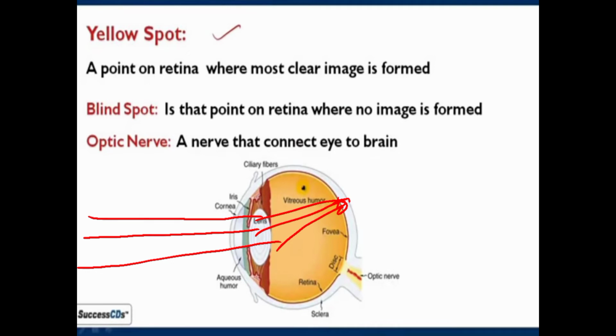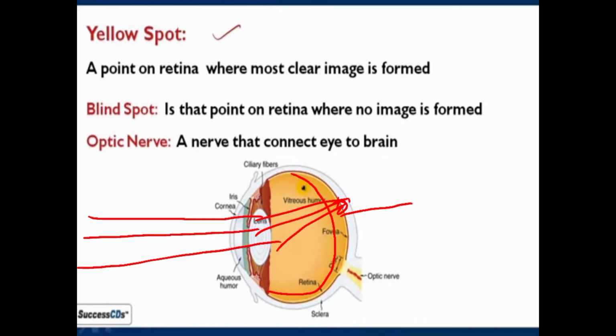They give their reflection in all directions inside the whole retina, but the exact point where they give the maximum reflection is known as the yellow spot, where the most clear image is formed.